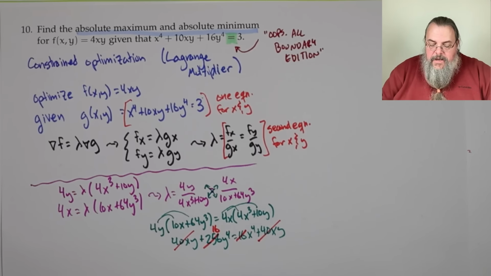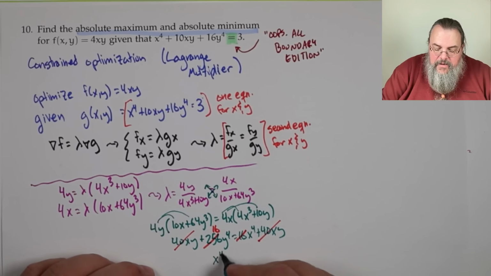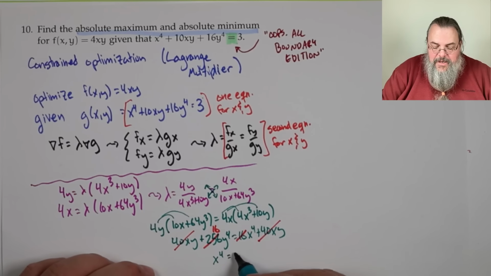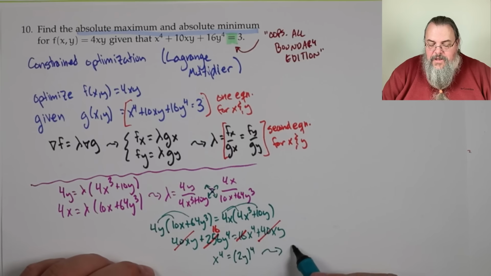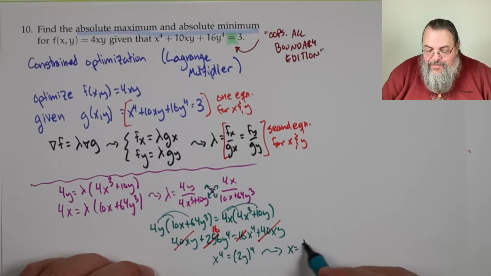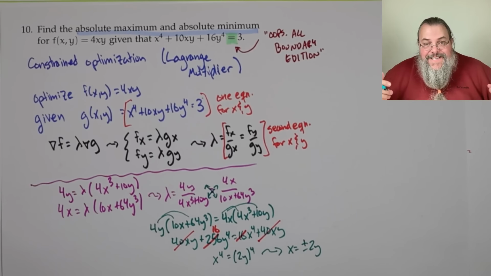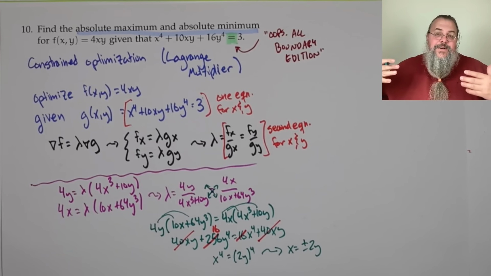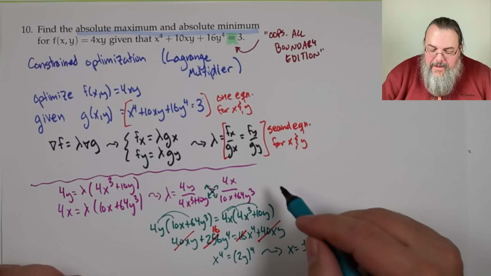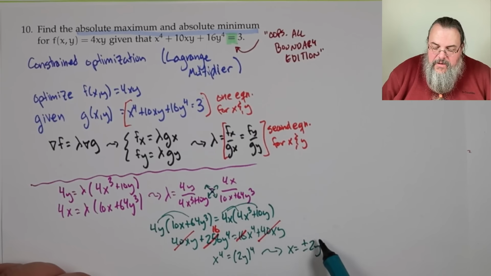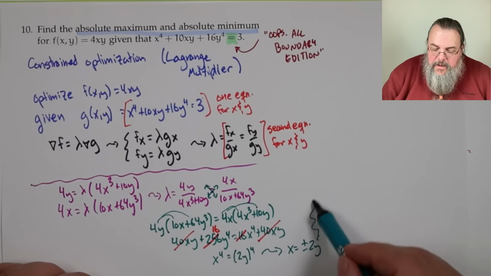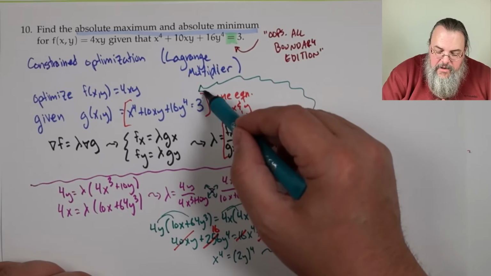So we get, aha, x to the fourth, and 256 became 16, and 16 is actually 2 to the fourth. So that becomes 2y to the fourth, which leads us to x equals plus or minus 2y. Yes, be careful. Plus or minus, not just the 2y. So if you take a square root or a fourth root, you're going to get two possibilities. And don't forget that, because that can lead us into trouble. So now, this is going to come up into our constraint.